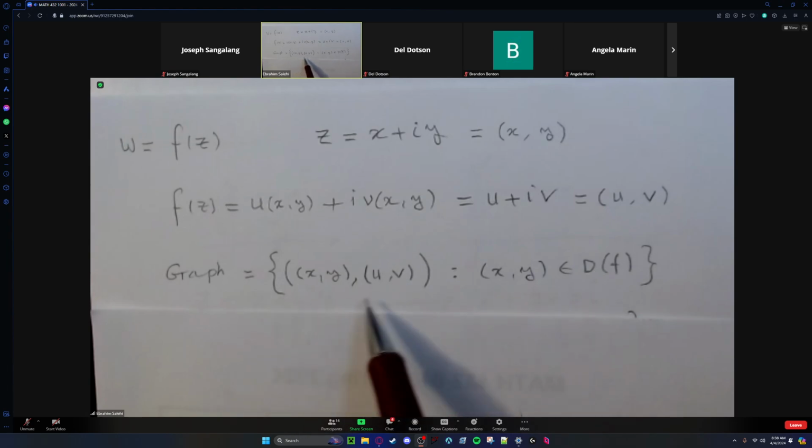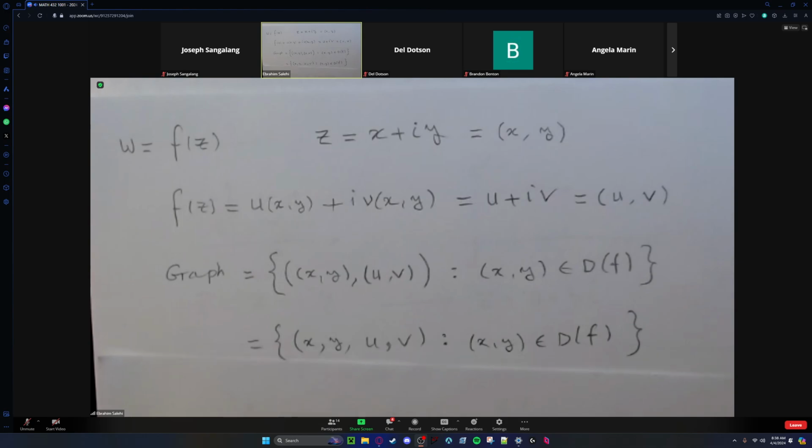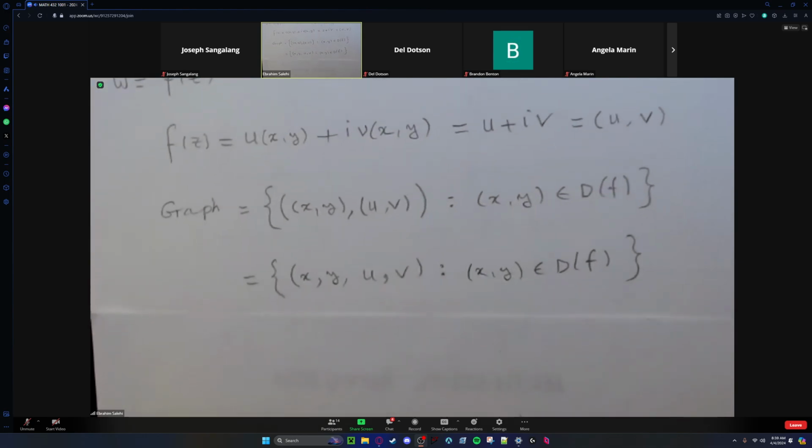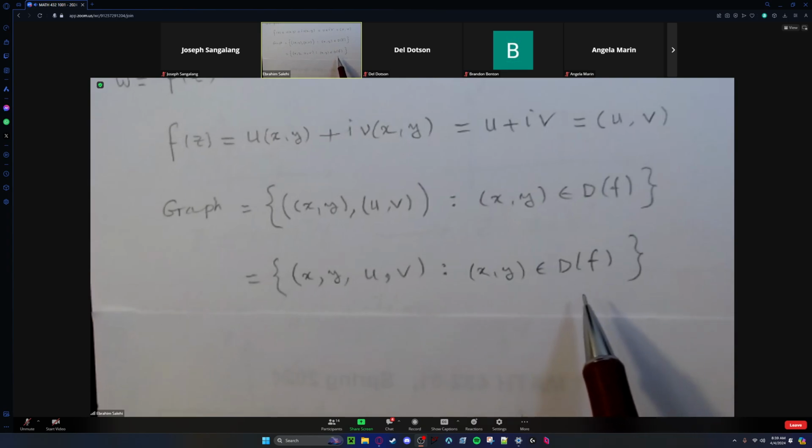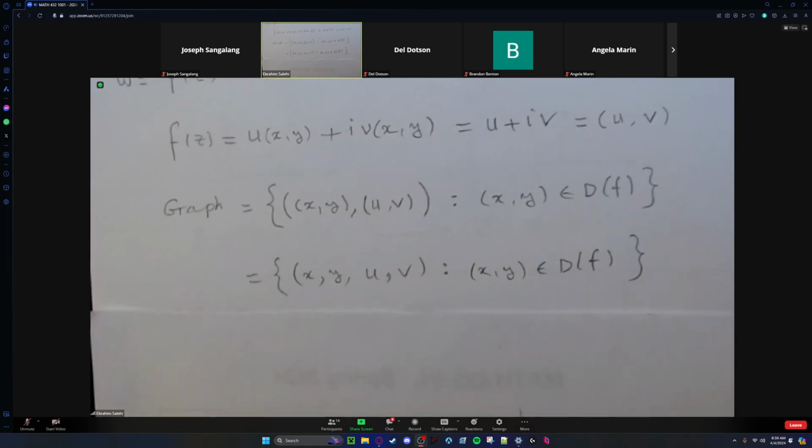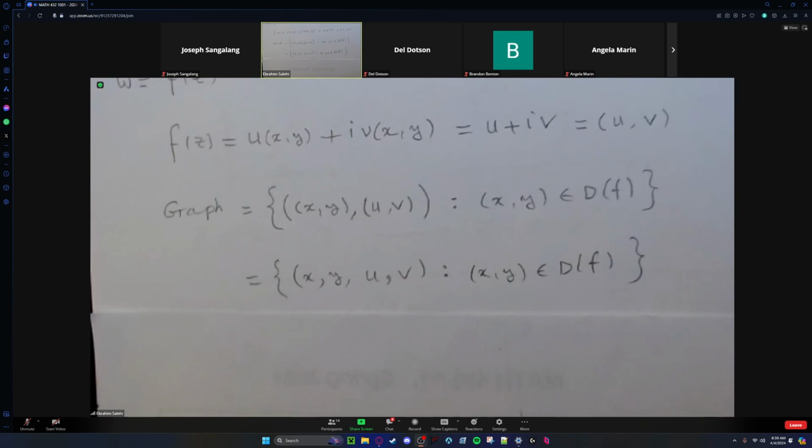But again, this is a four-dimensional point. So we cannot follow the same pattern as graphing a function when it comes to complex functions.